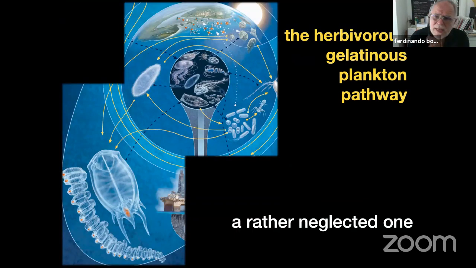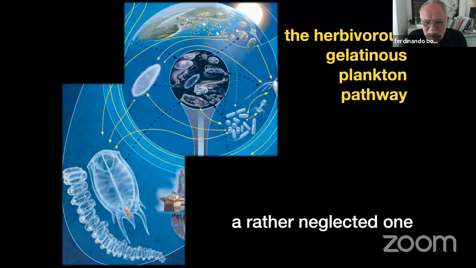Another pathway is the herbivorous gelatinous plankton, with thaliaceans, filter feeders that can be very large. A chain of salps can be 6 meters long. When they form blooms, they suck all the microbes from the environment, competing with the copepods and with the rest of the food chain.